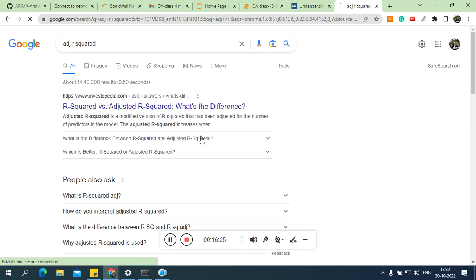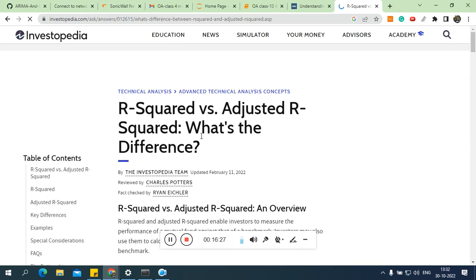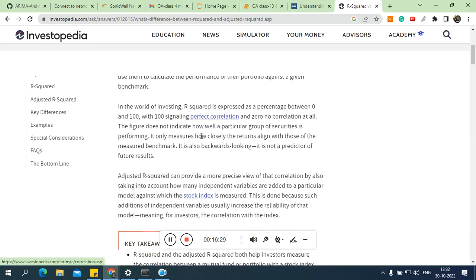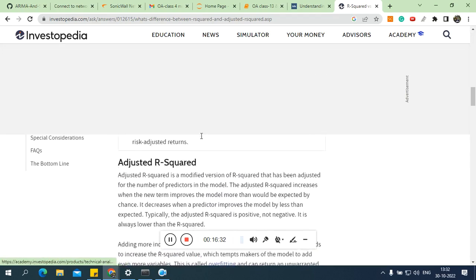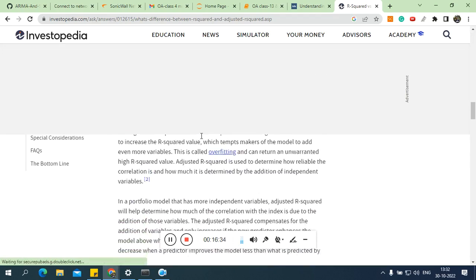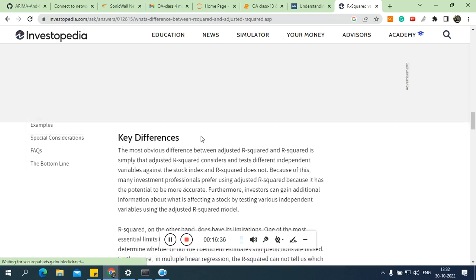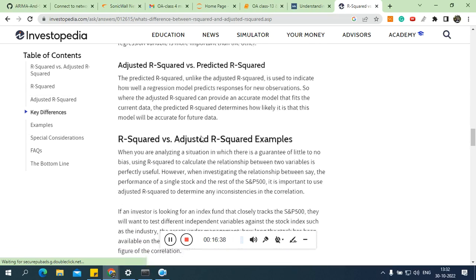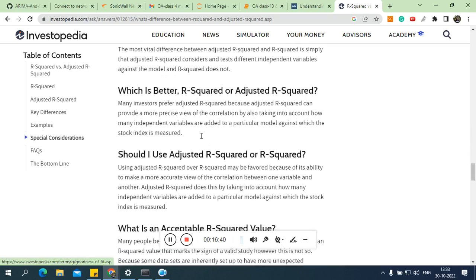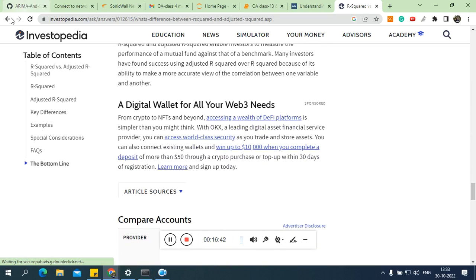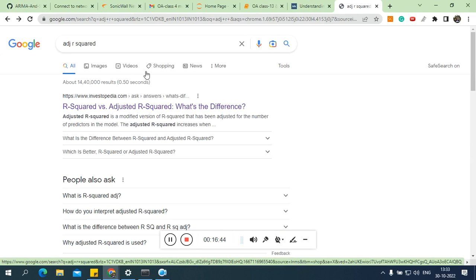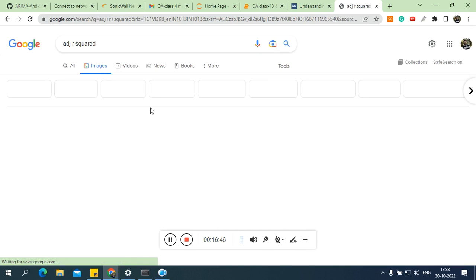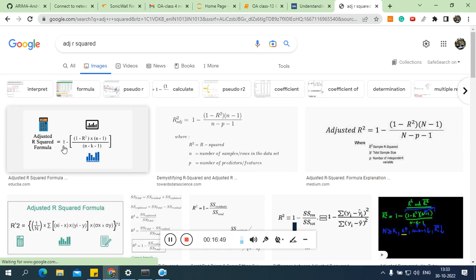Here you can see it considers the number of rows as well as the data set. So this is the R square. The adjusted R square formula is not available. One minute, I need a formula. It's not available. This one is the adjusted R square.